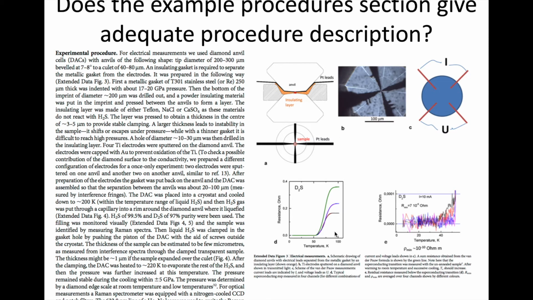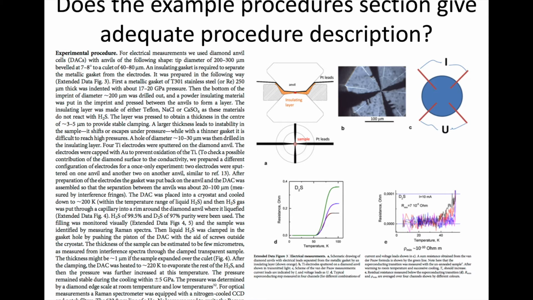But they give a lot of results here about the procedures. They're giving you pressures here, thicknesses, what materials are used, how the whole thing is done, right? They give a lot of information on everything, temperatures and so forth. So they really give you a lot of details, and that's what we're looking for.